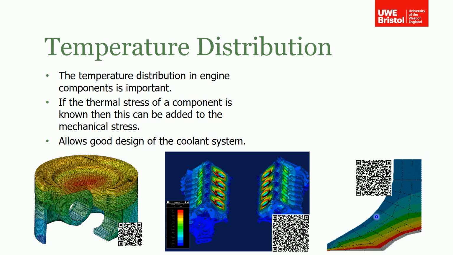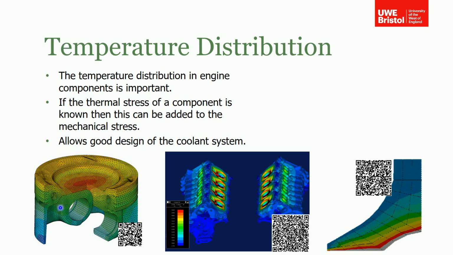And where you have fairly large temperature gradients, then because of the thermal expansion of the material, you're going to have inherent stresses in there due to the changes in temperature, and so you need to work out the thermal stress if there is one, because that needs to then be added to the mechanical stress. So if we take the example of this piston, there might well be a thermal stress in this component due to the temperature difference, but obviously there's large mechanical stresses on this component.